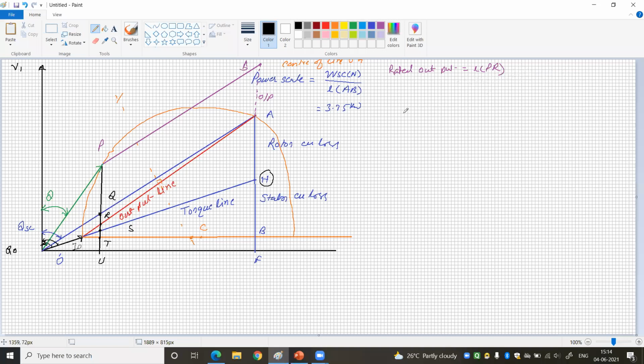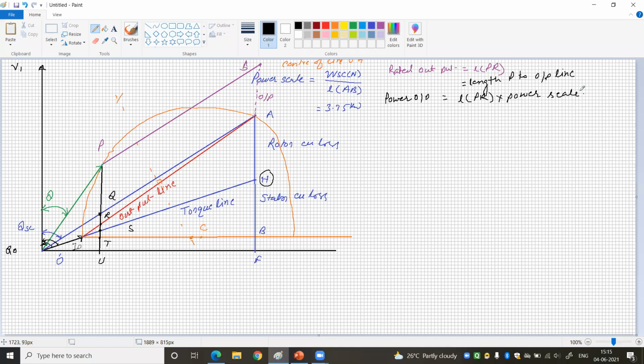So the rated power output is equal to length PR multiplied by the power scale. The power scale is in kilowatt per centimeter, so the length in centimeters gets cancelled.